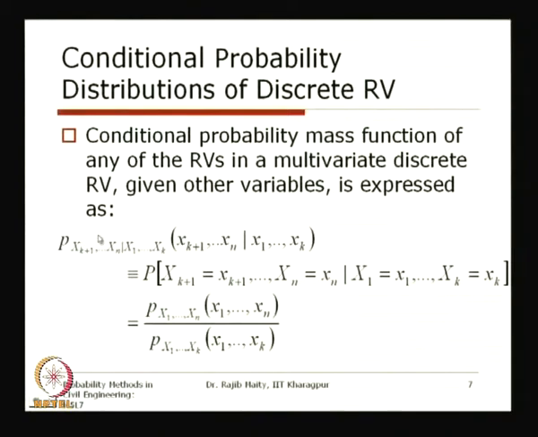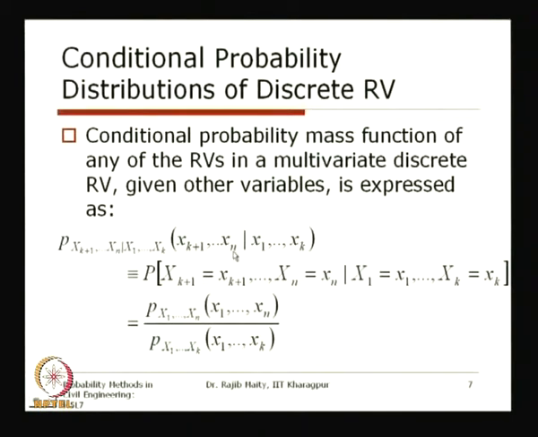For these random variables we are looking for the conditional PMF, where the condition is that we know x1 to xk. So for this subset, that is the first to kth random variable, is known. Based on that condition, what is the distribution for the remaining random variables, which is k plus 1 to xn?